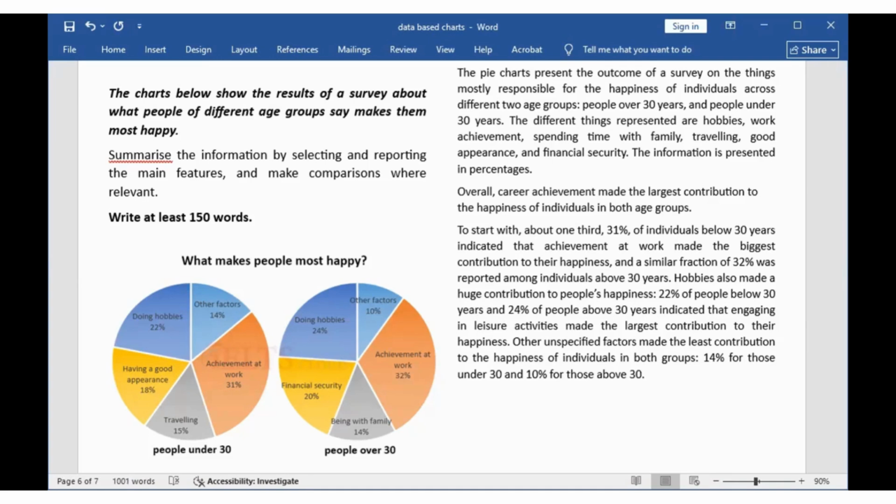Now, I want to talk about the ones that are not represented on both sides. Okay? Meanwhile, or let's adjust that. Meanwhile, for individuals, for people below 30 years, having a good appearance.